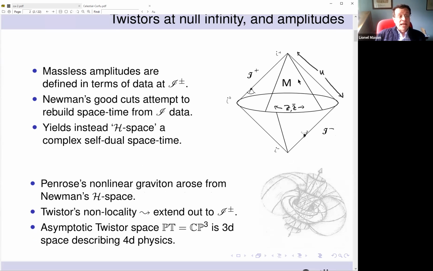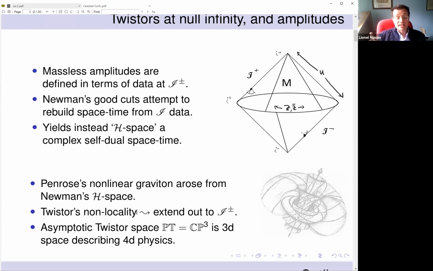But even better, rather than work at null infinity with Newman's good cuts, you can work with twistor space, and the origin of Penrose's nonlinear graviton construction was Ted Newman's good cut equation, and it was a reinterpretation of that equation in twistor space. I'll talk quite a lot more about how that correspondence worked. Part of the point here is that twistors are non-local in space-time.